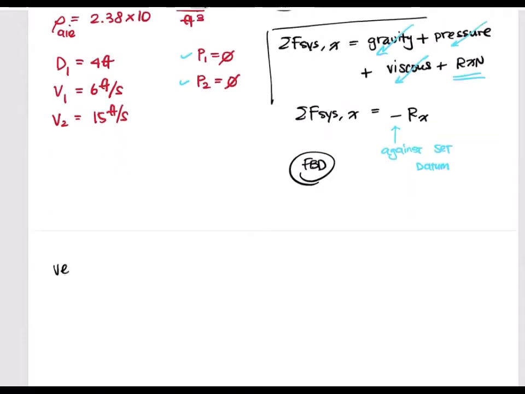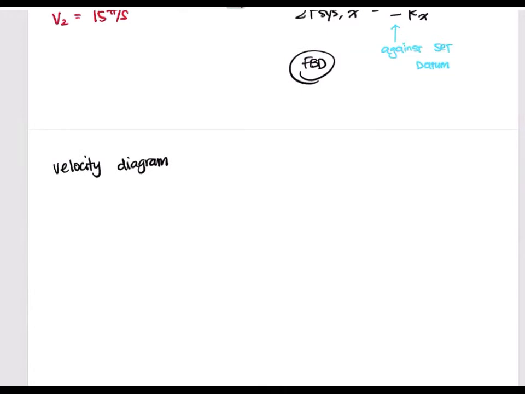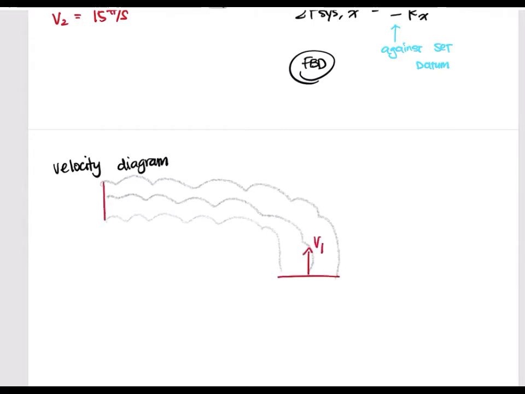Now let's look at a velocity diagram. I'm just going to isolate the exhaust. So we have velocity going this direction, which is V1, and then velocity going in this direction, which is V2.